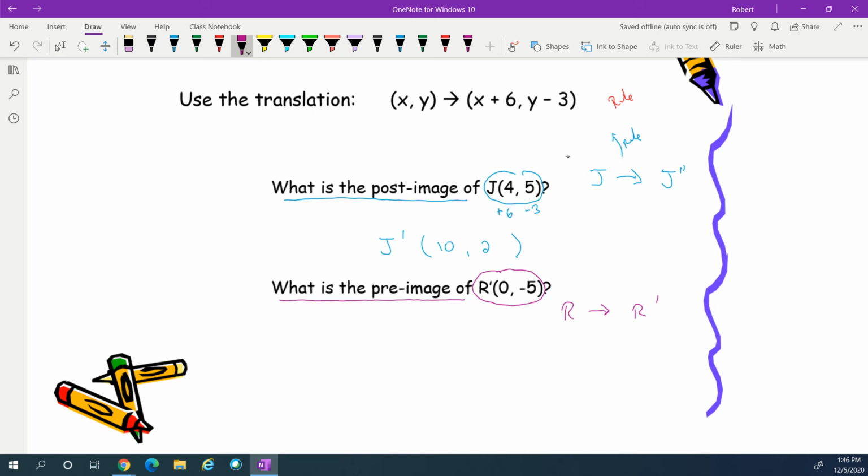So we know R prime is at 0, -5. We're being asked what was the original point. But again, we were told the rule. We took the x, added 6, and we ended at 0. So x is -6.